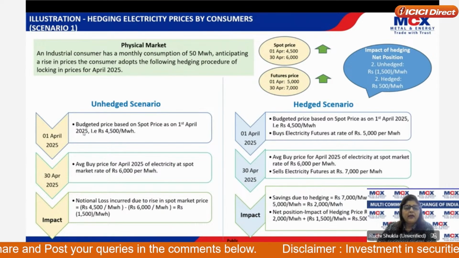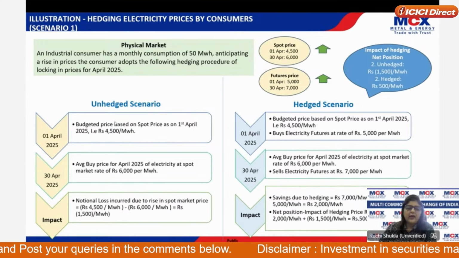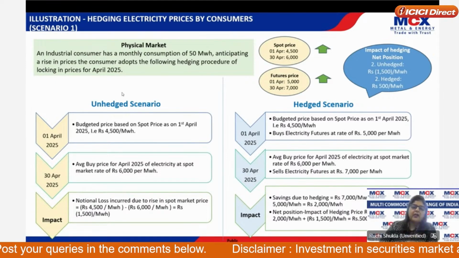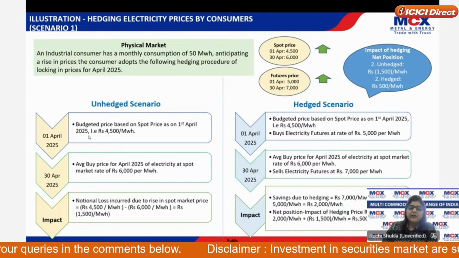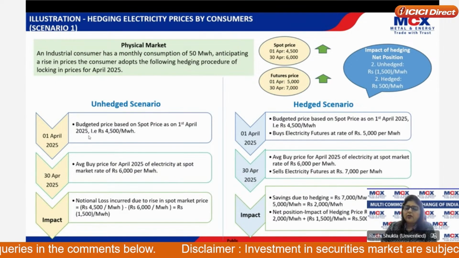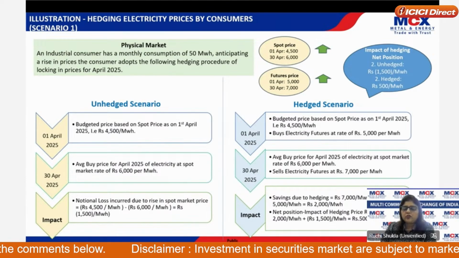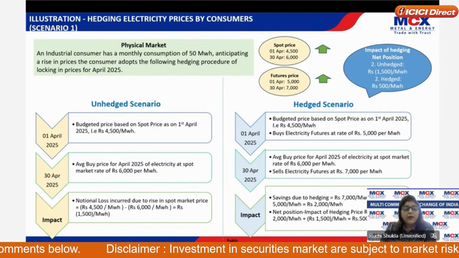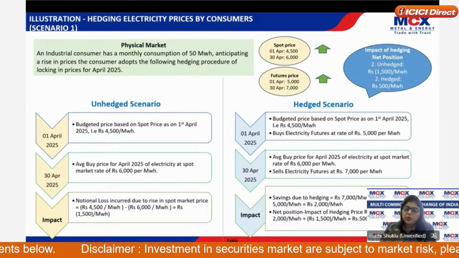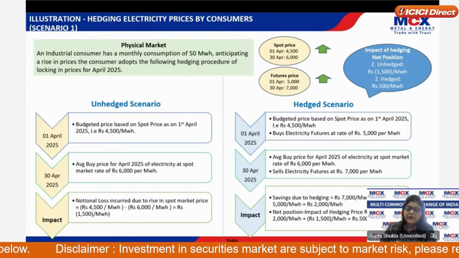If I'm unhedged, what can be scenario A? On 1st April I budgeted my cost as 50 megawatt hours into an average price I know of 4,500. But during this period, I am consuming electricity every day.